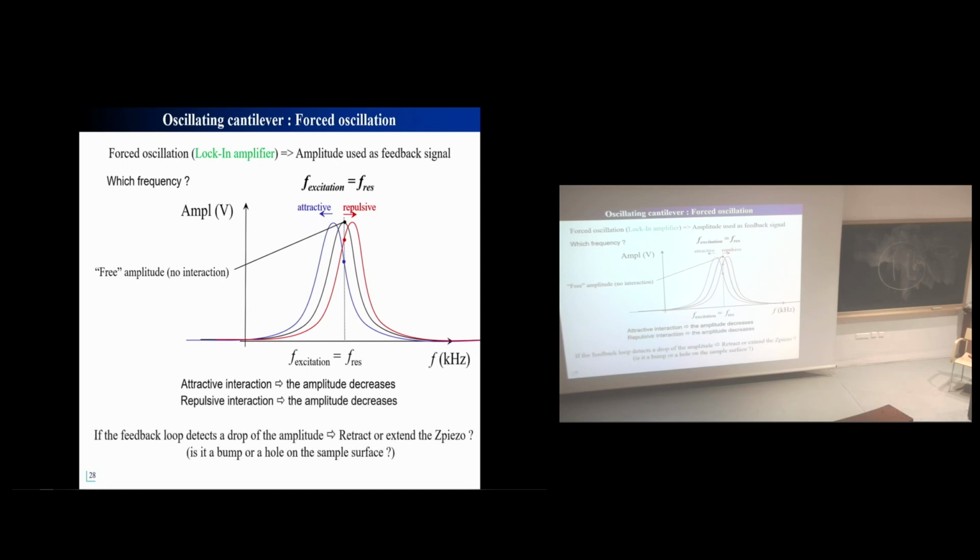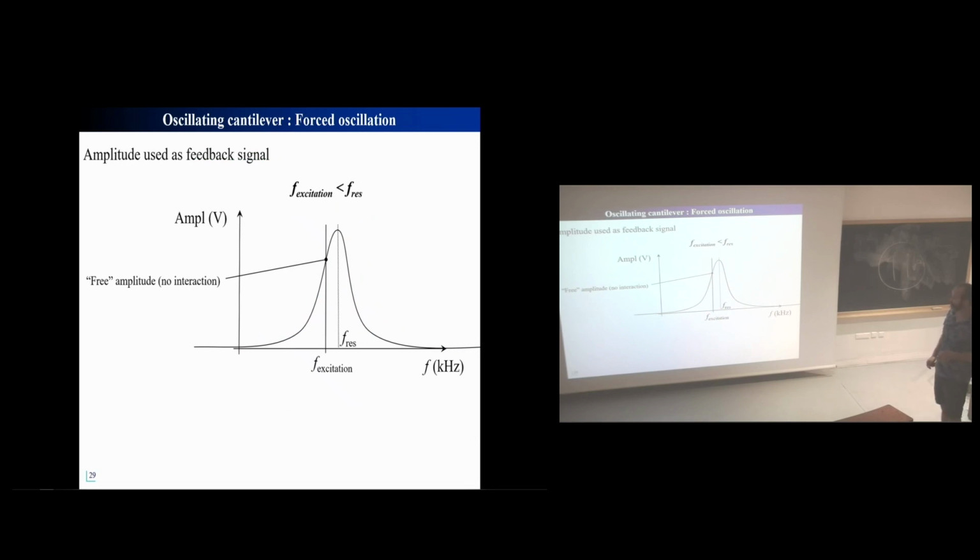Is it a bump or is it a hole? The feedback loop needs to know what to do when the feedback parameter increases or decreases. It cannot be bijective this way. So that's why you have to tune your excitation frequency a little bit off from the resonance frequency. Here you see, if the force is attractive, the amplitude increases.